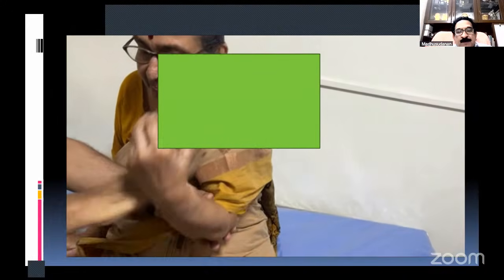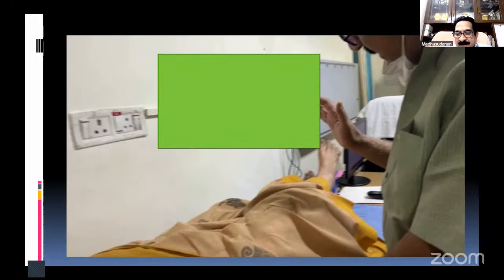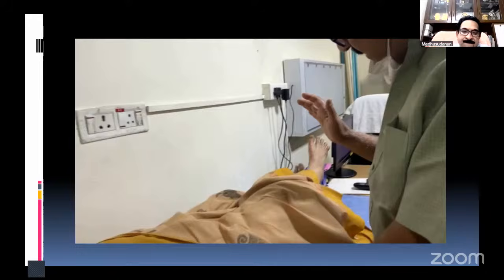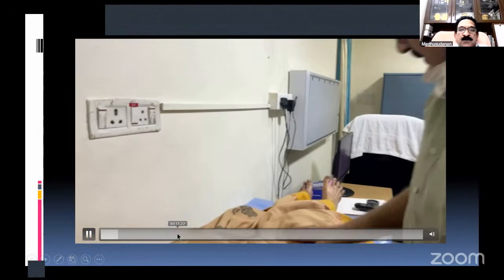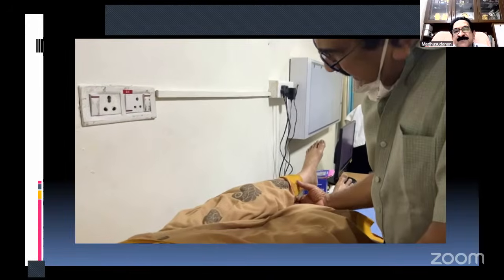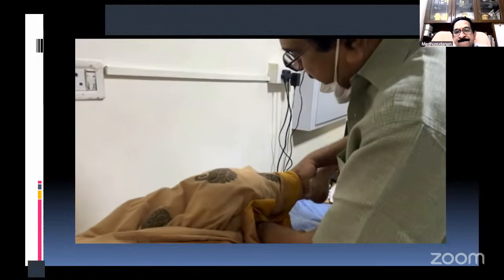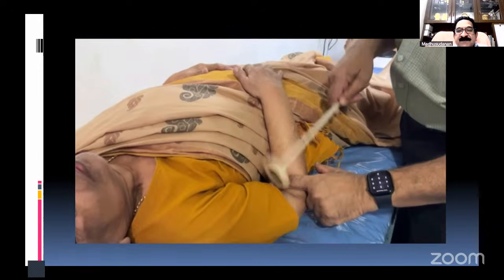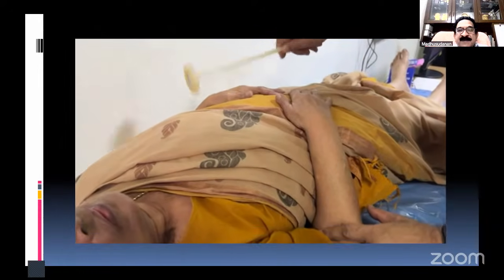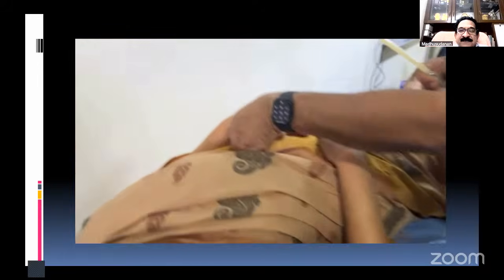The power is improved, but not fully well. Lower limb muscles continue to be weak. But the husband was happy that she has now started preparing food for him in the kitchen.